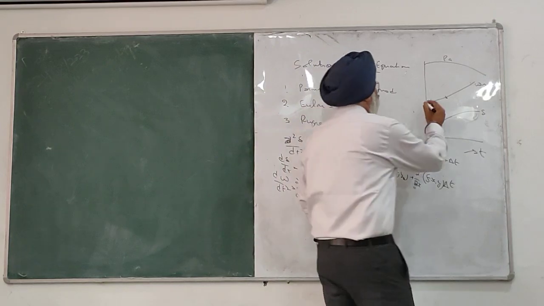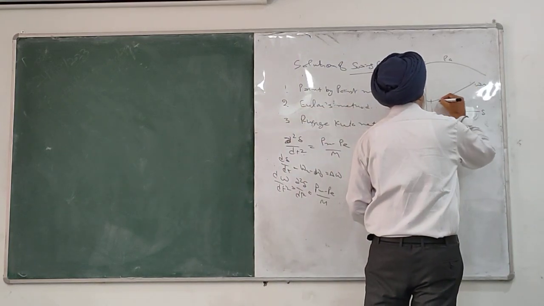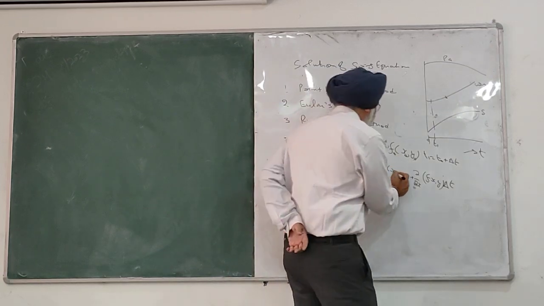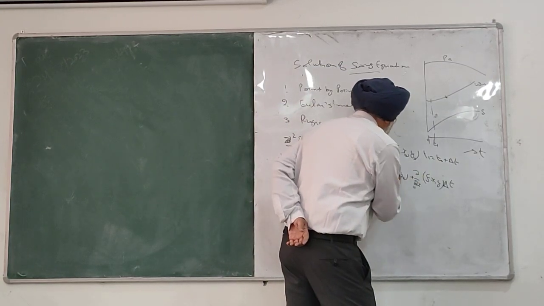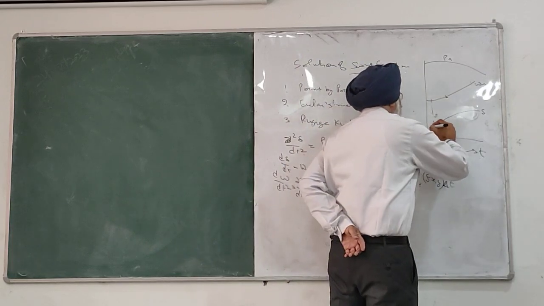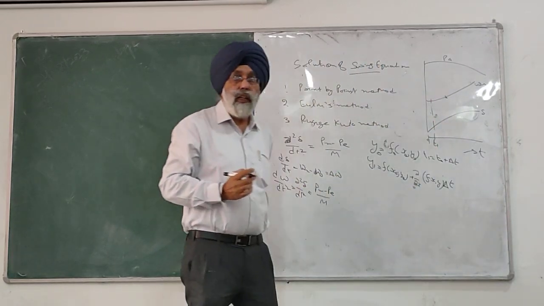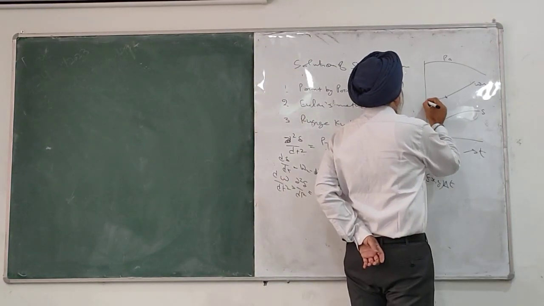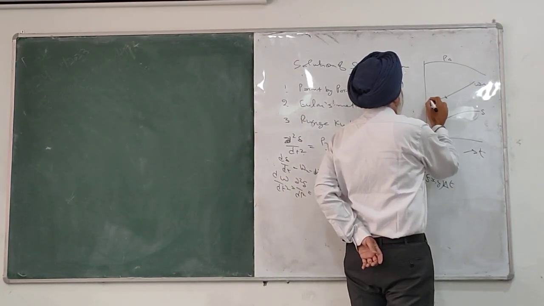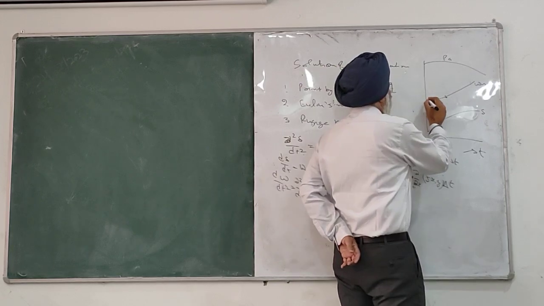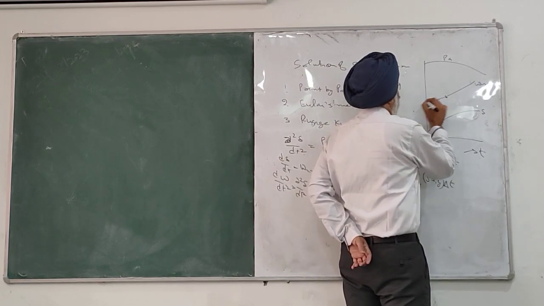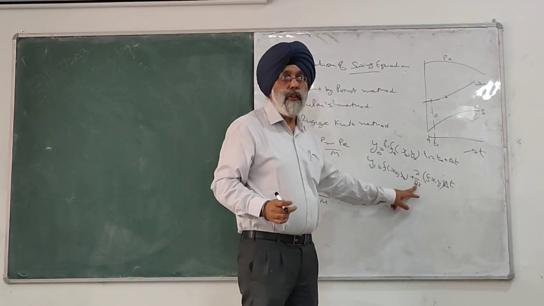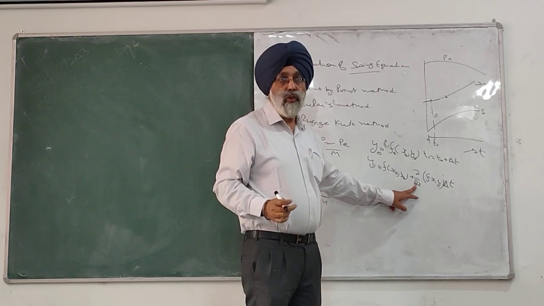Let us suppose this is the function. If you want to find what will be the value of this function after delta t, we can take the slope here. This derivative term is giving us the slope.